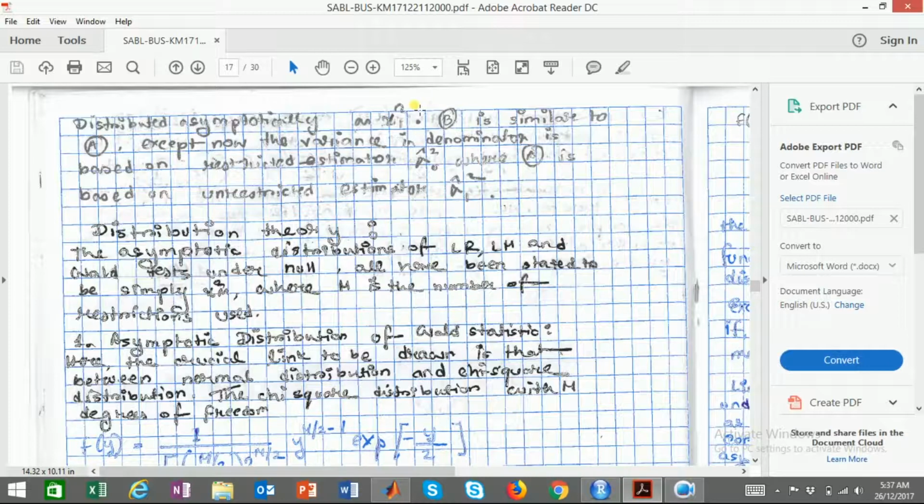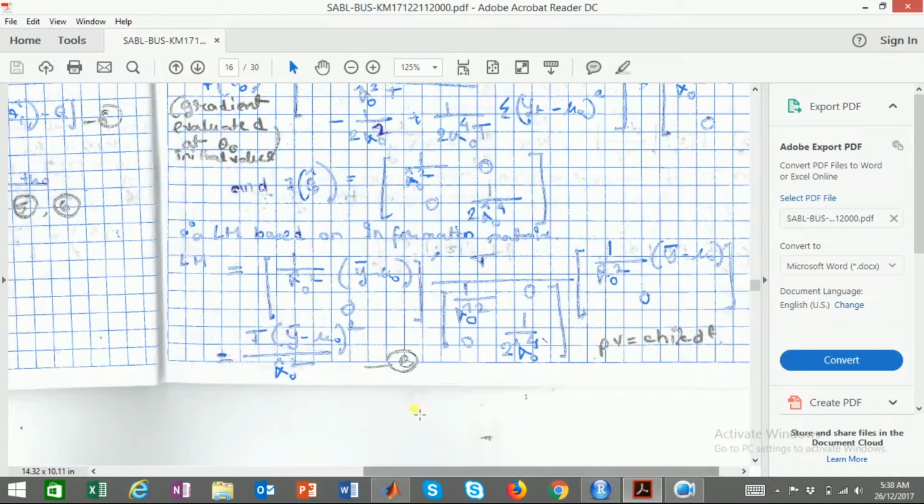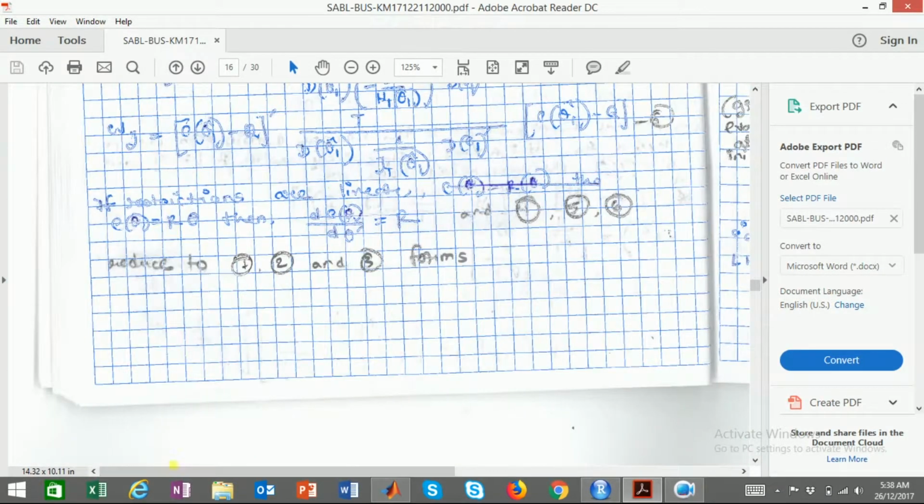So B is similar to A, which is the last one, with exponential distribution that is similar to the previous form, except the variance in the denominator is based on the restricted estimator sigma naught square, whereas A is based on the unrestricted estimator sigma 1 square.